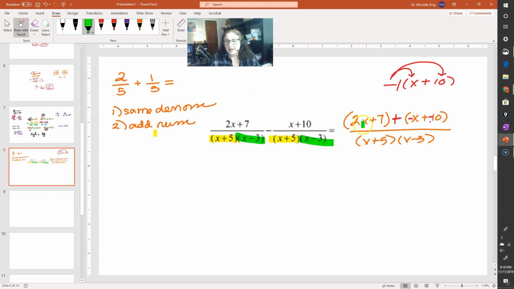I notice I have 2x here and I have a negative x here. So 2x minus 1x is x. It's kind of like you have $2 minus $1. You're left with $1. So this is just going to be plain old x. Then I have positive 7 and negative 10. Well, if you have $7 and you want to buy something for $10, you still need to subtract $3.